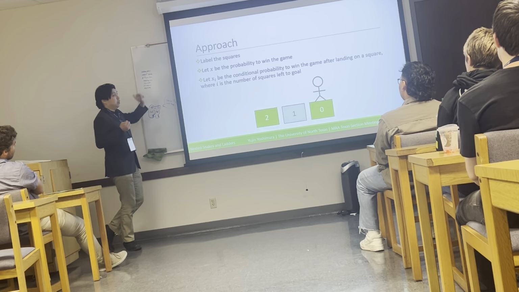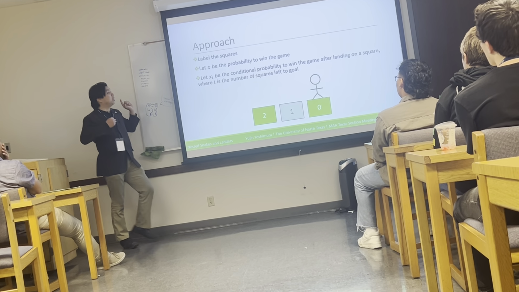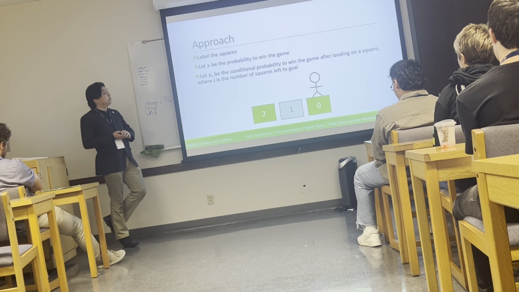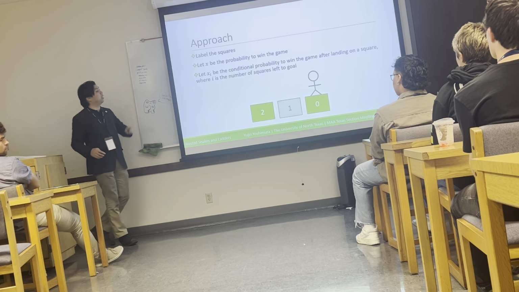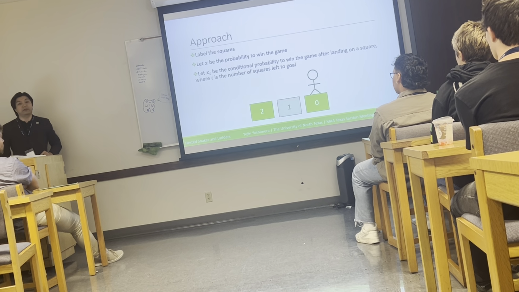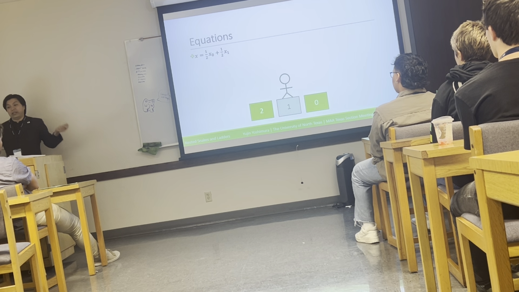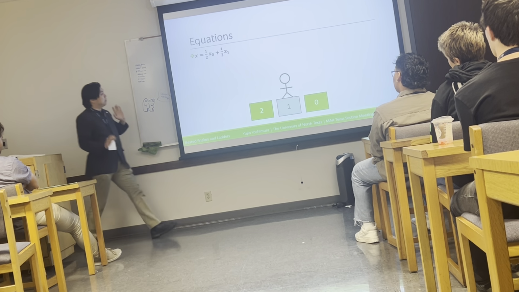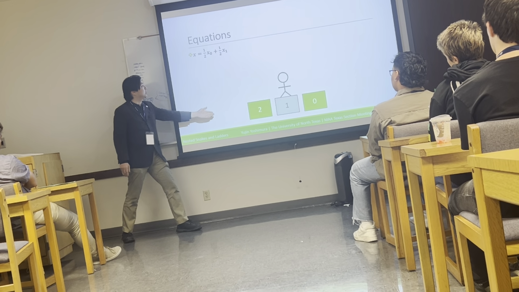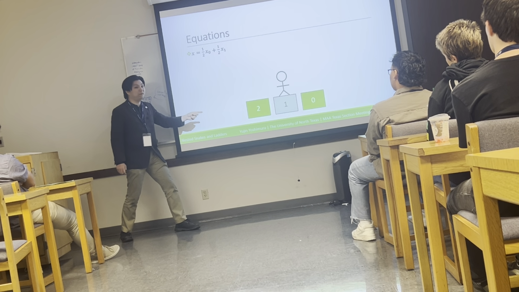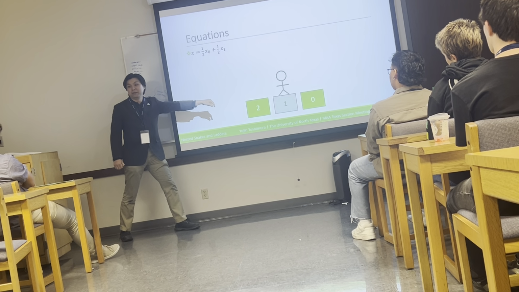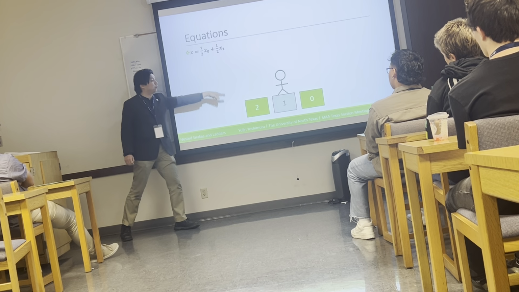Then I'm going to let x be the probability of winning the game, and use conditional probability, x sub i. So the equation is going to be like this. The probability of winning is 1/2 times x sub 0 if you land on the goal, plus 1/2 times x sub 1 if you land on 1.